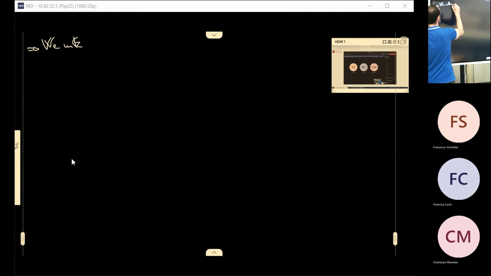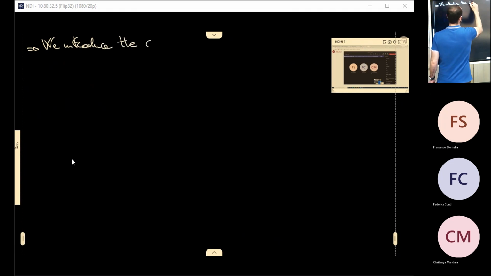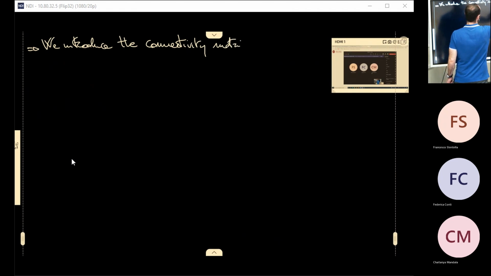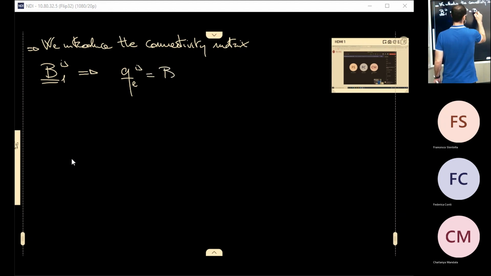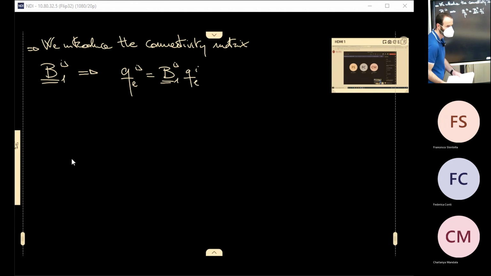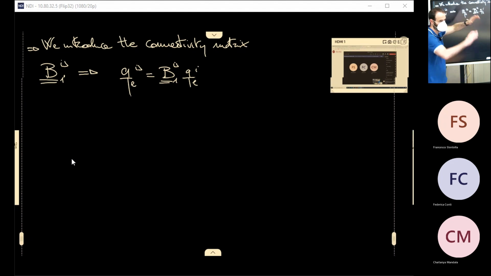So we introduce B, it's typically called B1 IJ, so that Q E IJ, the one that we had before, is basically equal to B1 IJ applied over Q E I. So basically, I get the vector of nodal coordinates for the element J as a down selection of the vector of nodal coordinates of the overall body.